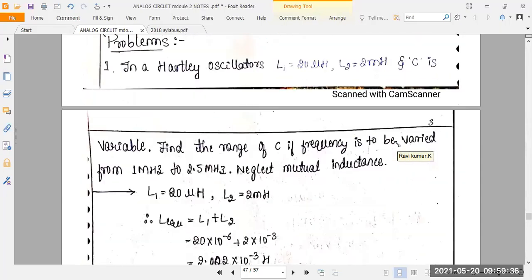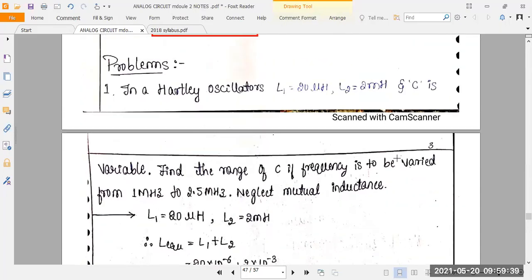Further, take this equation now. In the Hartley oscillator, the feedback inductances given are L1 equal to 20 microhenry and L2 equal to 2 millihenry. C is variable, and you have to find it depending upon the frequency range, 1 megahertz to 2.5 megahertz.